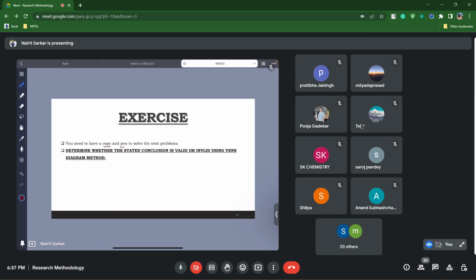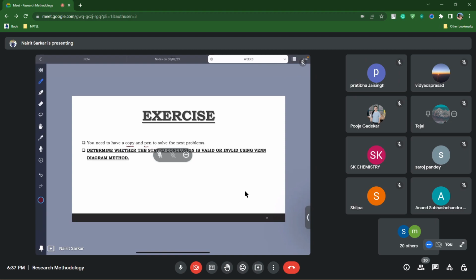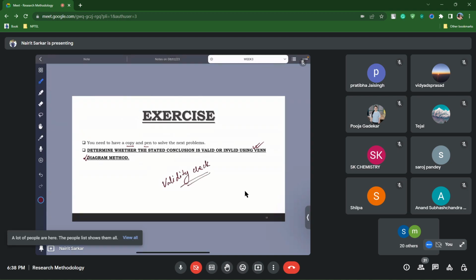The question here is, determine whether the stated conclusion is valid or invalid using our Venn diagram method. Only validity check. Okay, validity check using Venn diagram.